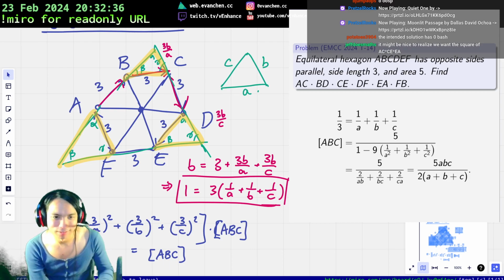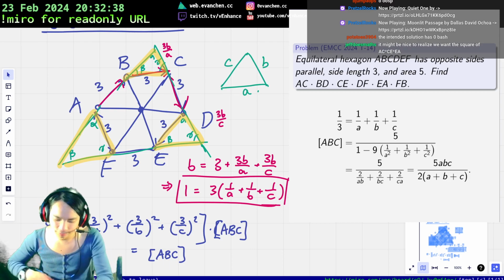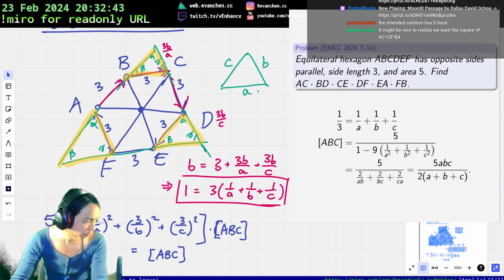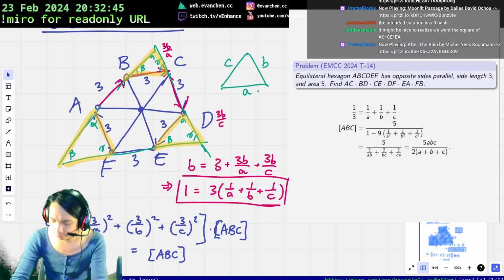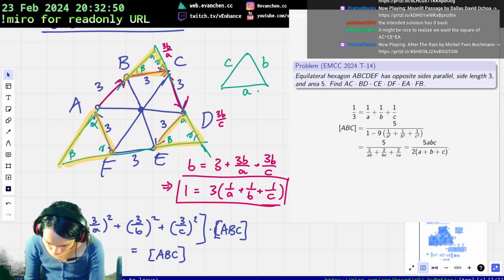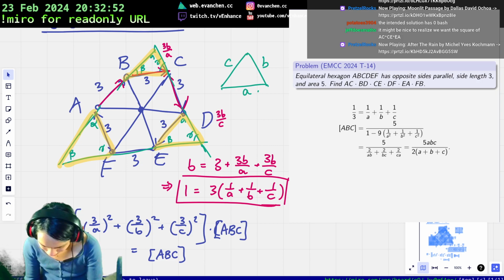The real issue is I don't understand the answer extraction. Like, you can't solve for ABC because there's 3 unknowns and 2 equations. Yeah, I agree that it's the square of AC times CE times EA. However, I don't know what that quantity does.